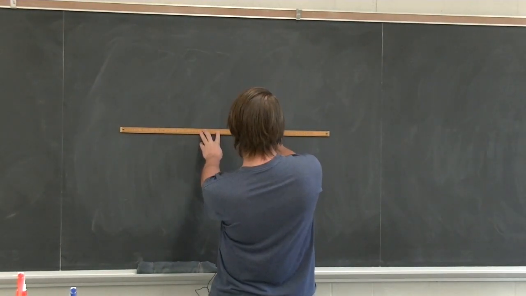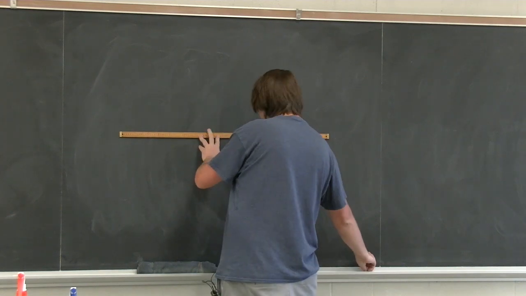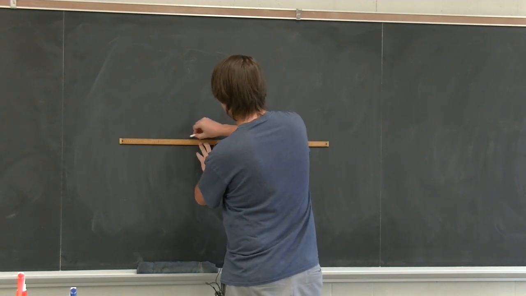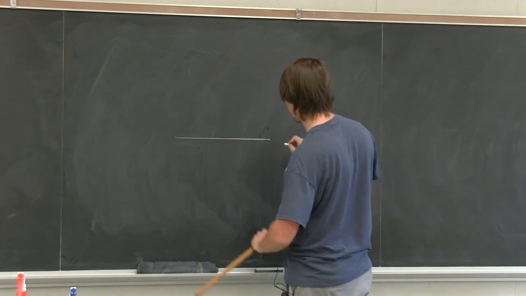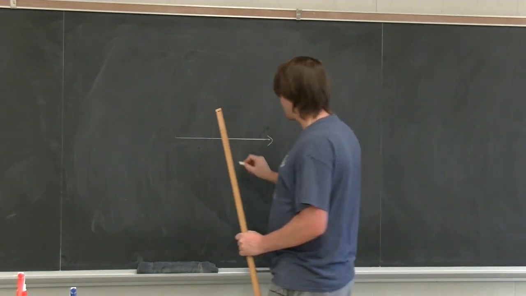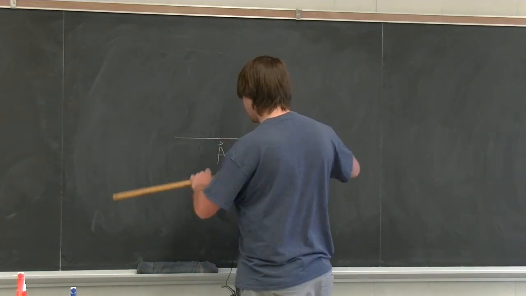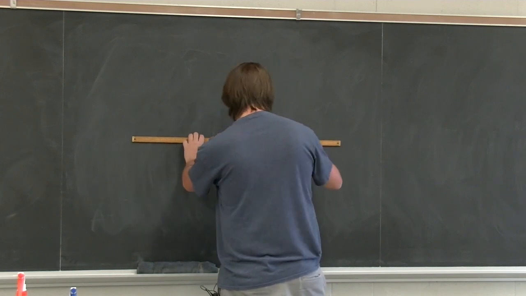This all depends on me leveling it to begin with, but as long as I draw the first vector in a line, it won't matter because I'm just going to put the protractor against that. So our first vector, we're calling that at 0 degrees. And that's A.